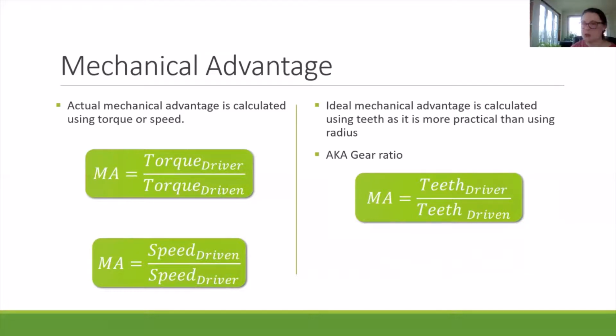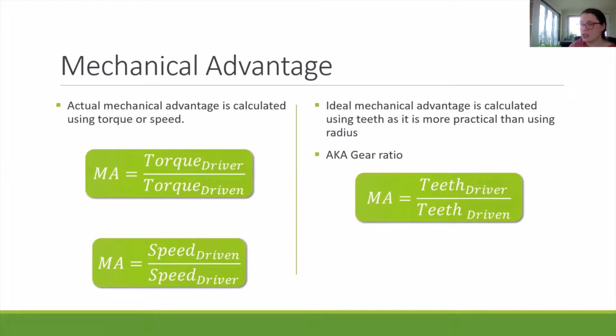It always helps when I print things off and look at what's coming next, okay? So we'll look at why these 2 ratios flip, the speed and the torque. But I want you to think about why torque and speed would be used for actual mechanical advantage and teeth used for ideal. Well, is torque affected by friction? Definitely, because it includes force. Is speed affected by friction?